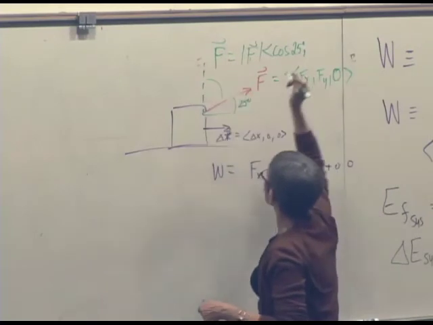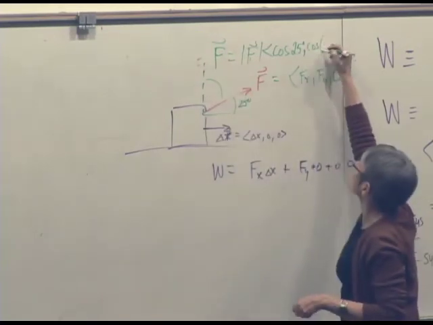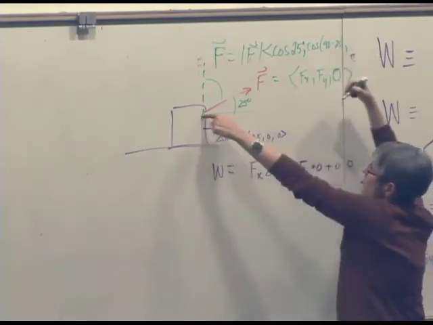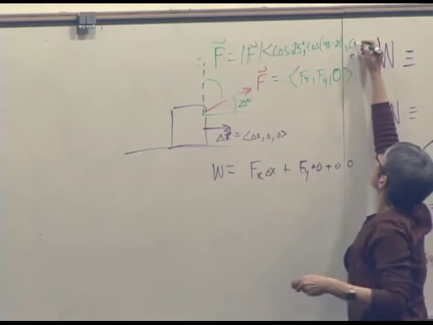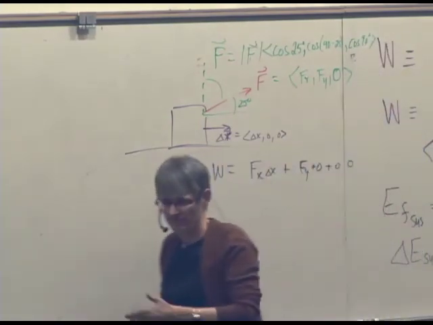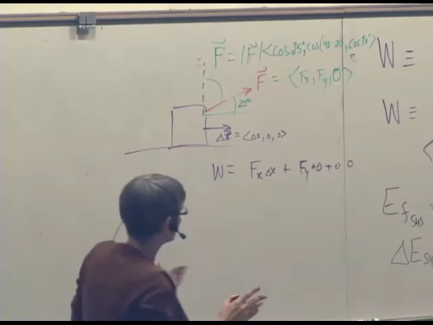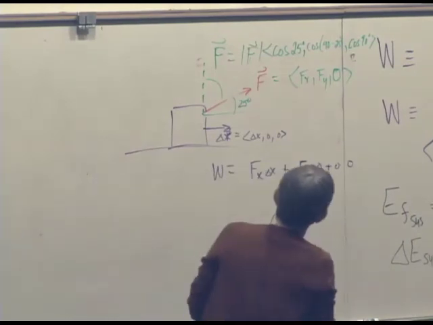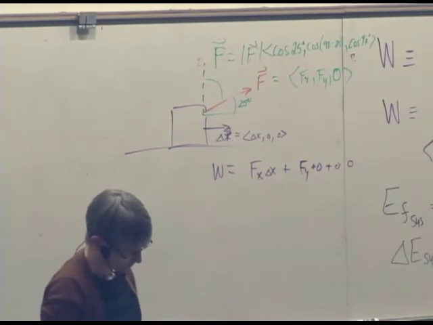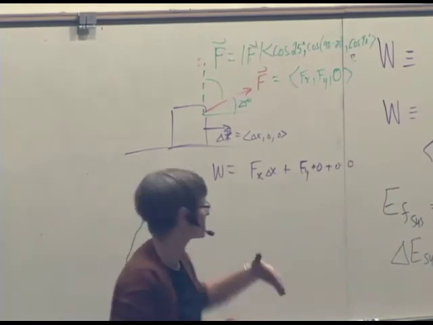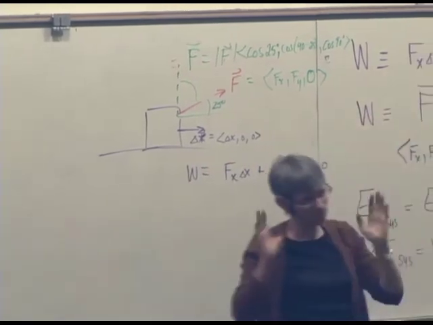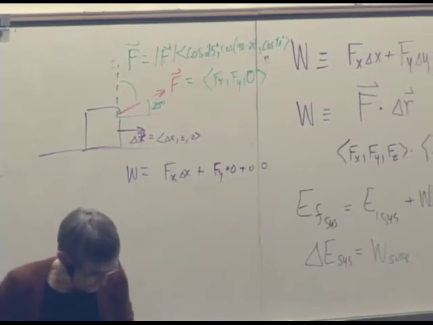This angle here is cosine of 90 minus 25. The z-axis, of course, is cosine of 90 degrees. Okay, so you can do that. There are various ways to evaluate this thing, which is written in shorthand as a dot product.